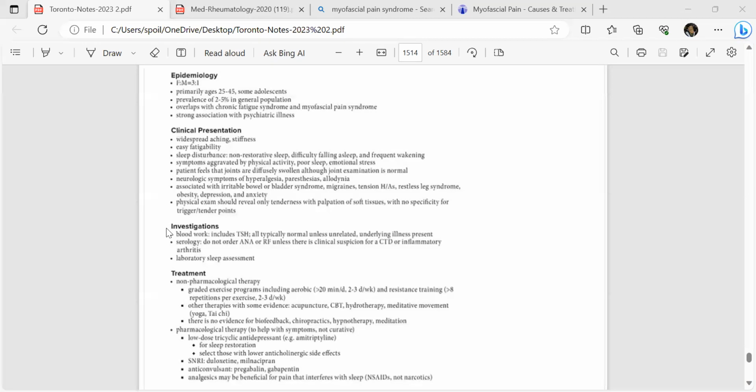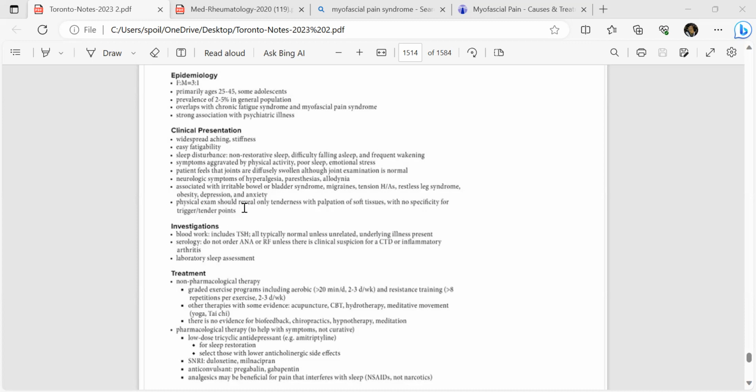It's associated with irritable bowel or bladder syndrome, migraines, tension headaches, restless leg syndrome, obesity, depression, and anxiety. Physical exam should reveal only tenderness with palpation of soft tissues, with no specificity for trigger or tender points.